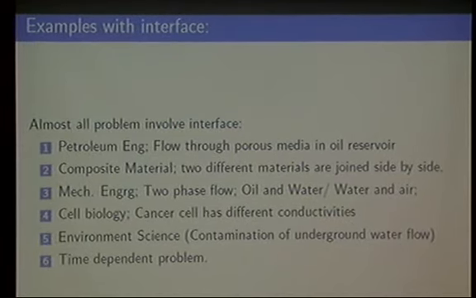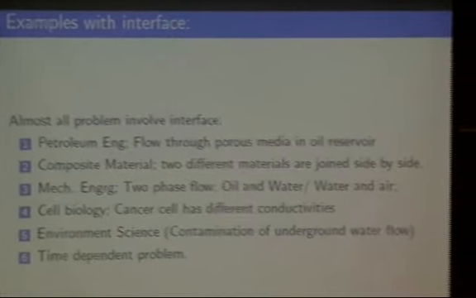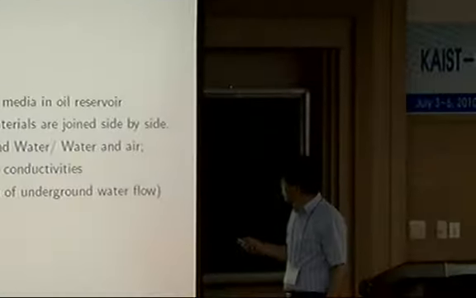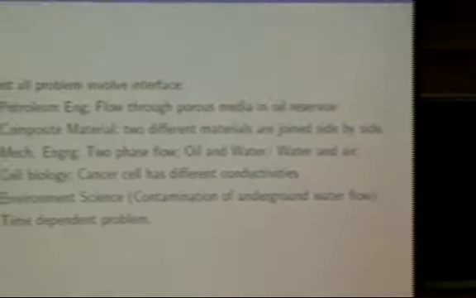Another area is material science, where people make composite materials. For example, we mix iron with copper, and then the two different materials have different physical properties. And then there is two-phase flow. For example, we drop oil in water, then oil and water two-phase flow, or maybe water and air.